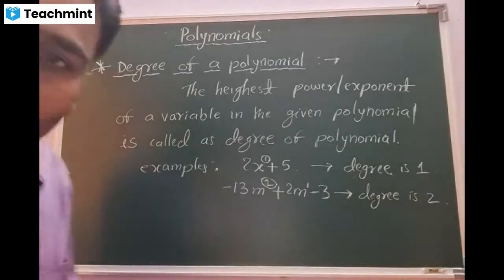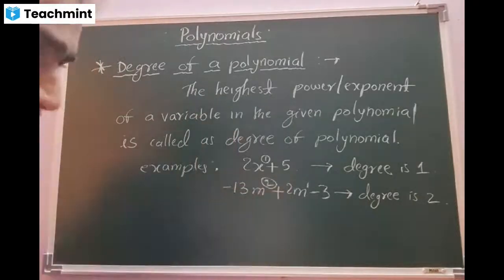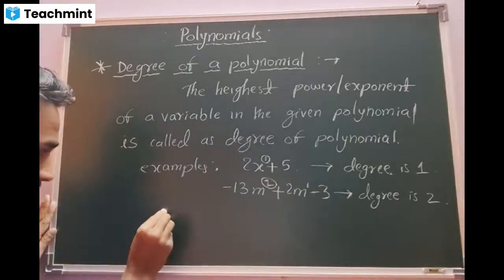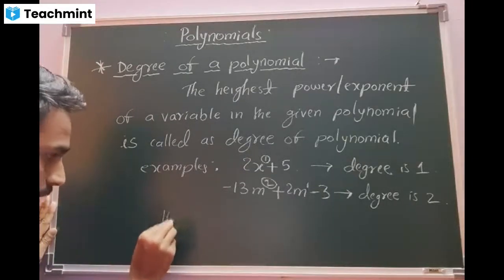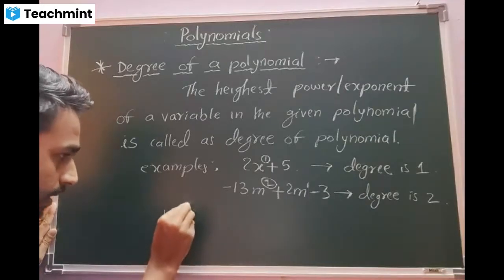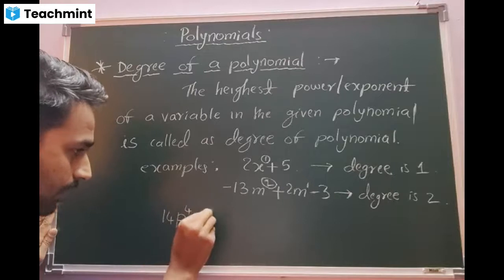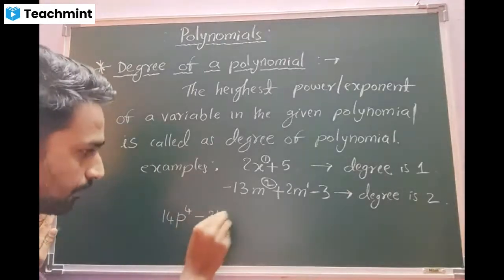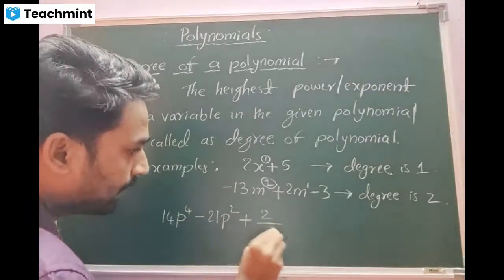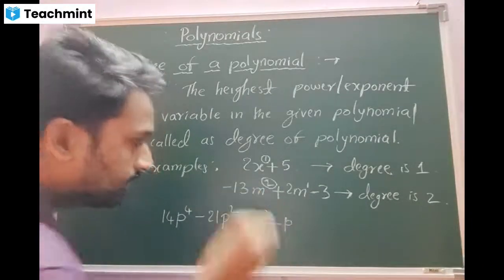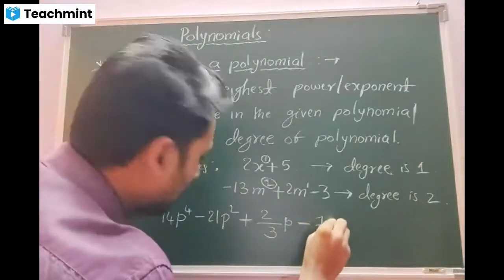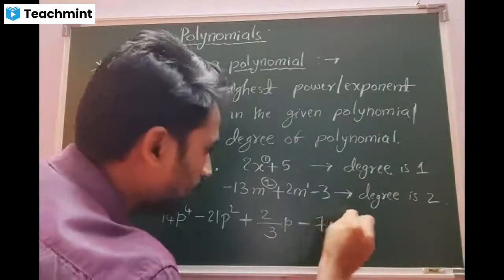Yes, sir. Let me take one more example, beta. All of you observe one more example. I'll write 14 p raised to 4 minus 21 p square plus 2 by 3 p minus 7 p to the power 8.